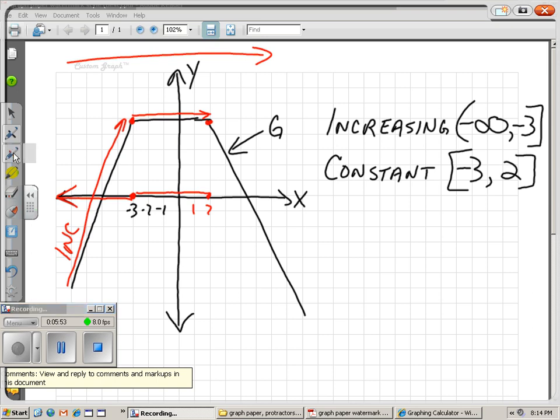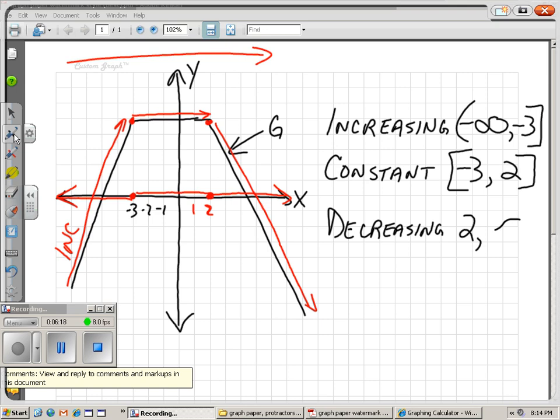What about our final piece of the graph here? Our final piece of the graph is decreasing. Now what x values are we talking about? We're talking about from the x +2 out to +infinity. So we are decreasing on the interval from the x of +2 out to the x of +infinity.